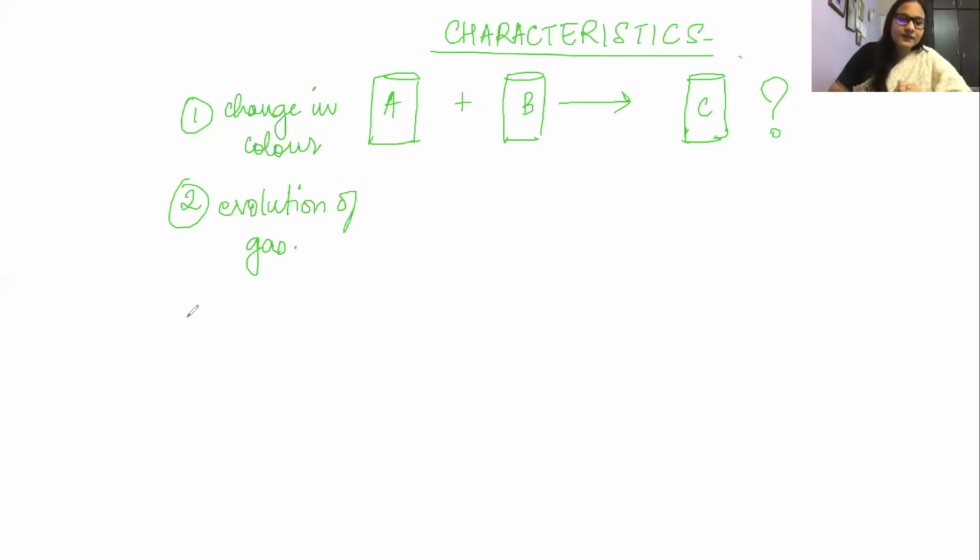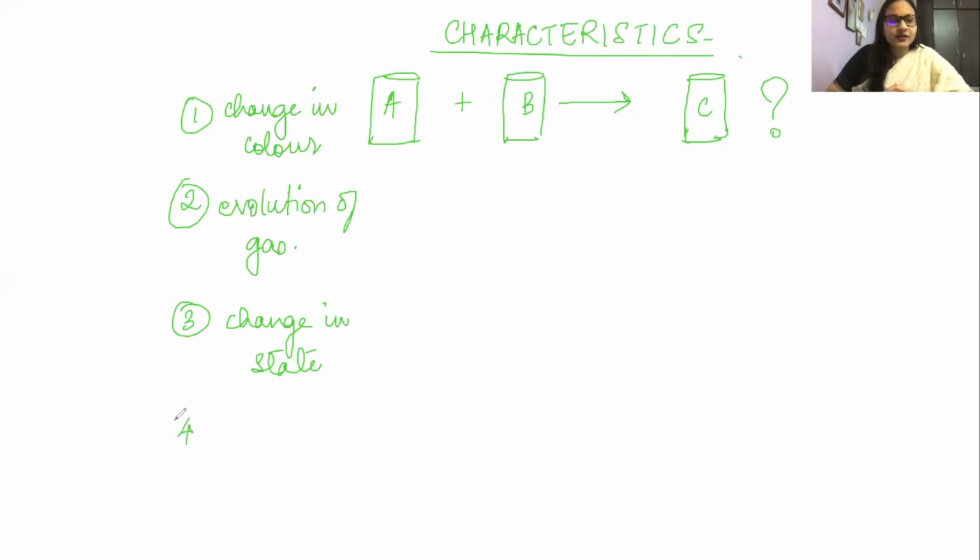Thirdly, there could be a change in state. For example, A and B could be gases and C could be a liquid. So is C a liquid or is it a solid? That change in state could also be one of the characteristics that you may observe.